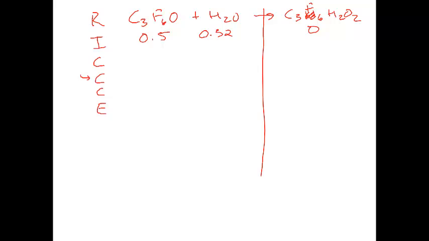If this reaction goes to completion, so this goes back to stoichiometry, how much of each of these things am I going to make, or am I going to use? Trevor. So my ratio is 1 to 1 to 1, right? So if I have 0.5 of this and 0.32 of this, let's just start with how much of this can I make? Yeah. So I'm going to add 0.32 here, minus 0.32 here, and minus 0.32 there.